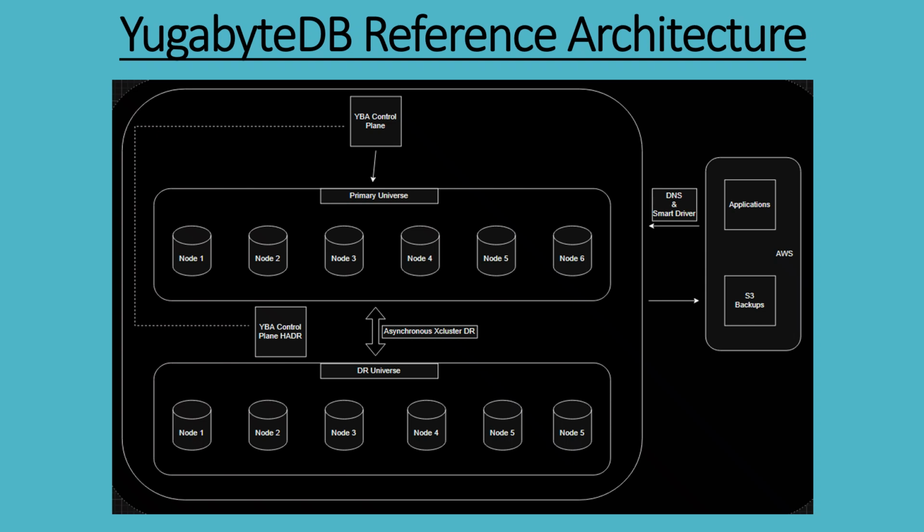And one last thing here is, your applications can run from anywhere. So if your primary is running on premises, your applications can be in the cloud, and they can connect from the cloud to the on-premise data center, and then using the smart driver they can load balance and get the data.